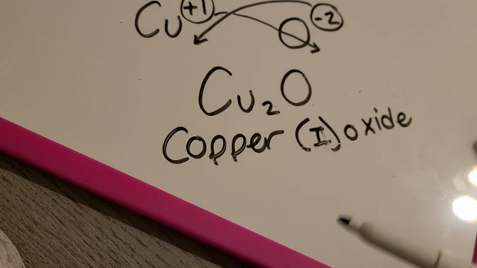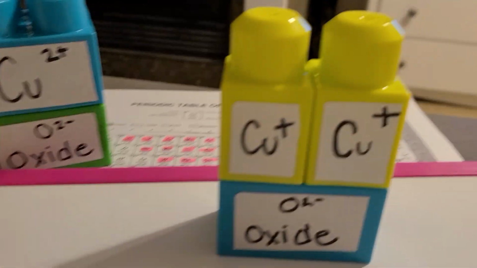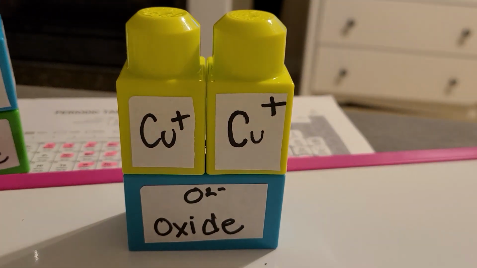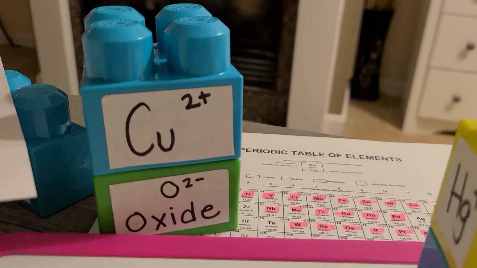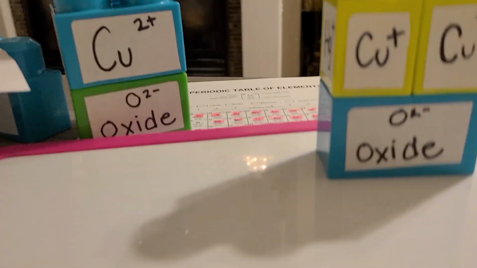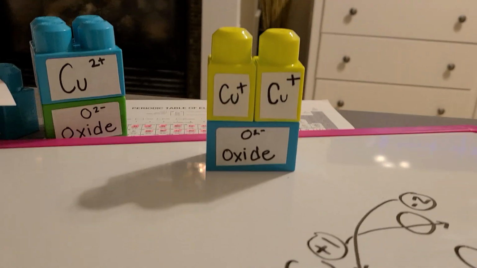So that's how you would know. So see the difference between copper 1 oxide and copper 2 oxide. It just depends on the number of atoms that you need.